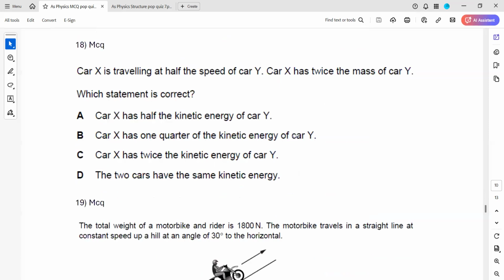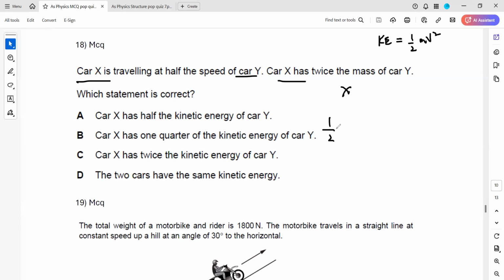Car X is traveling at half the speed of Y, and car X has twice the mass of Y. Which statement is correct? So you can say this is car X. We know the formula for the kinetic energy is 1 by 2 mv square.